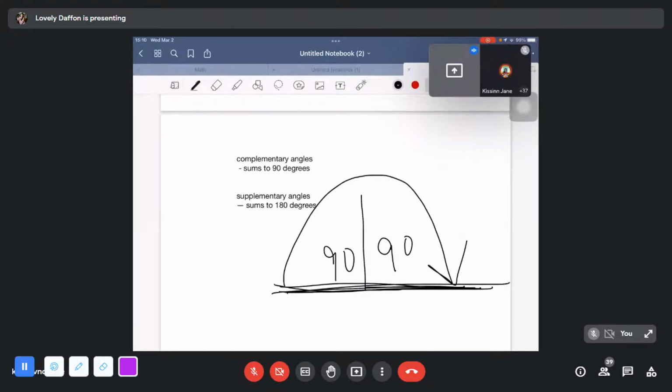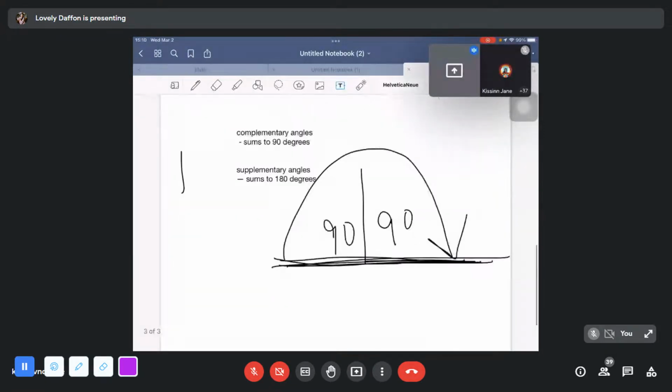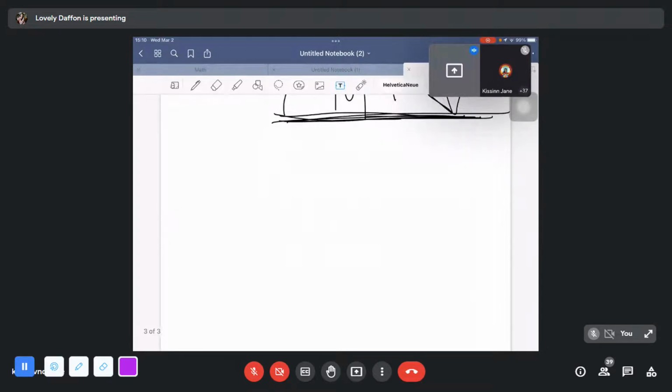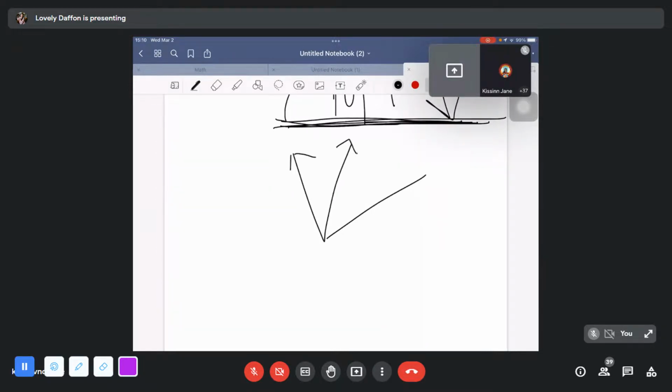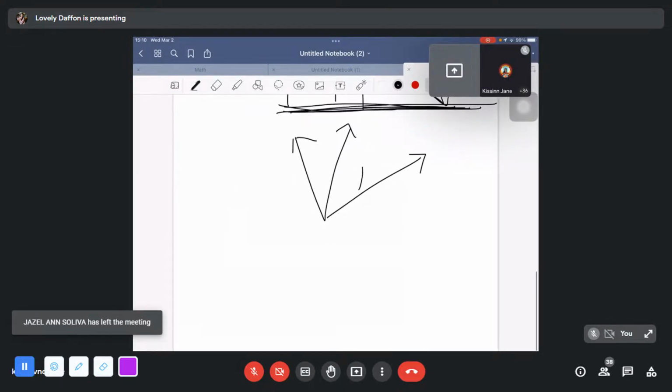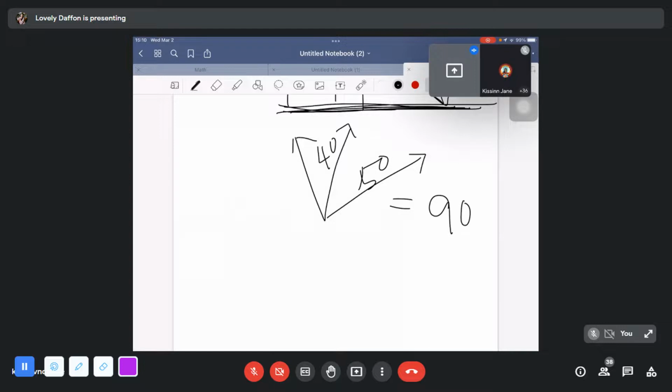So if you have here a complementary angle, say for example, we have this angle and this angle. If this is 50, this is 50, and this should be 40. So why are they called complementary? Because when you add 50 and 40, the total angle will be 90.